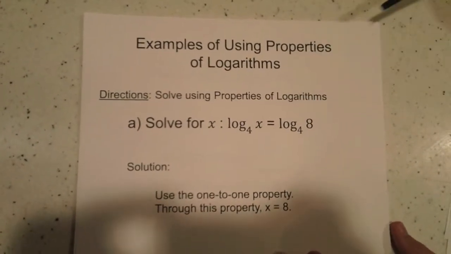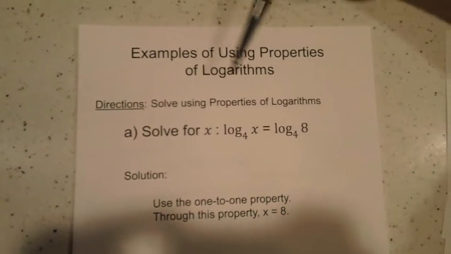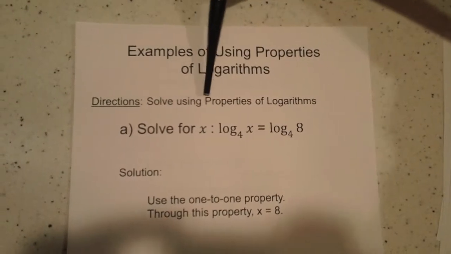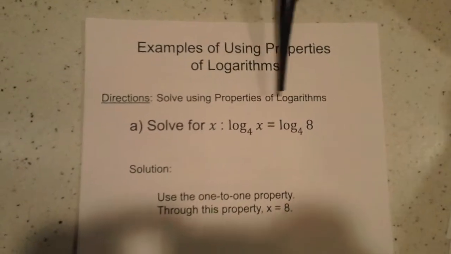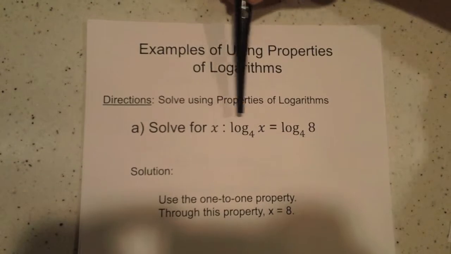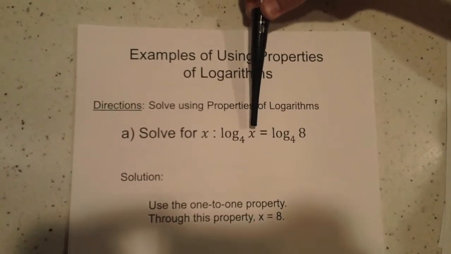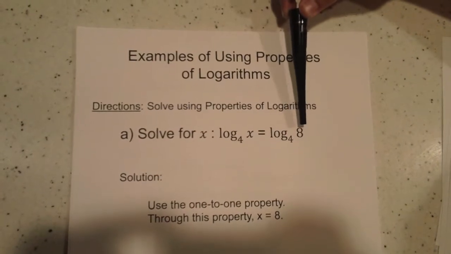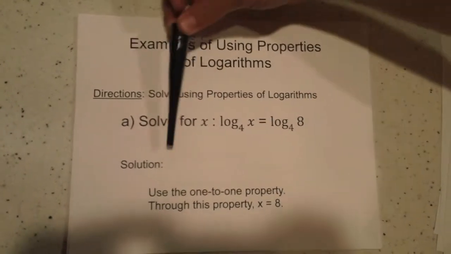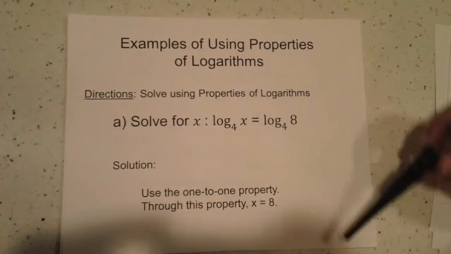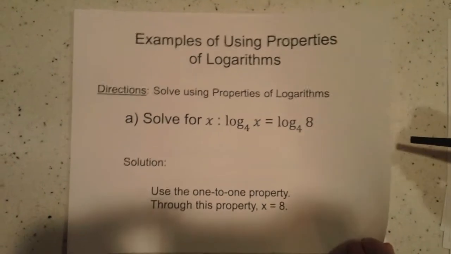Examples of using the properties of logarithms. Directions: solve using properties of logarithms. A. Solve for x: log_4(x) = log_4(8). Solution: use the one-to-one property and x will equal 8.